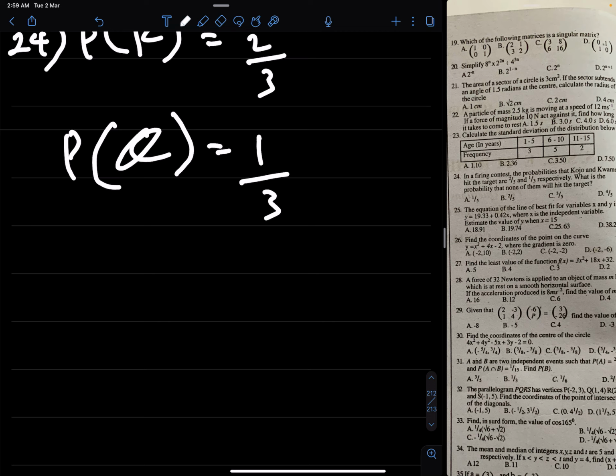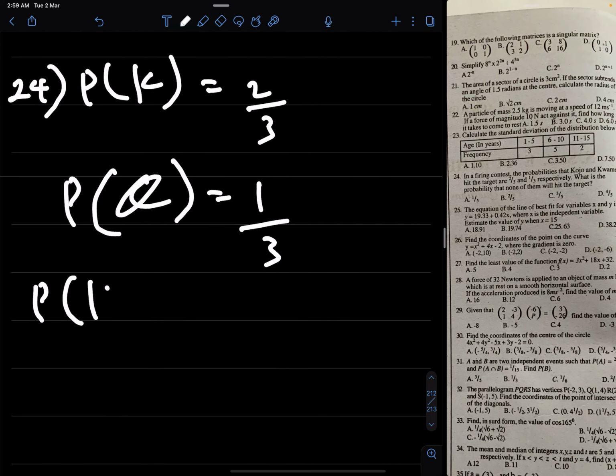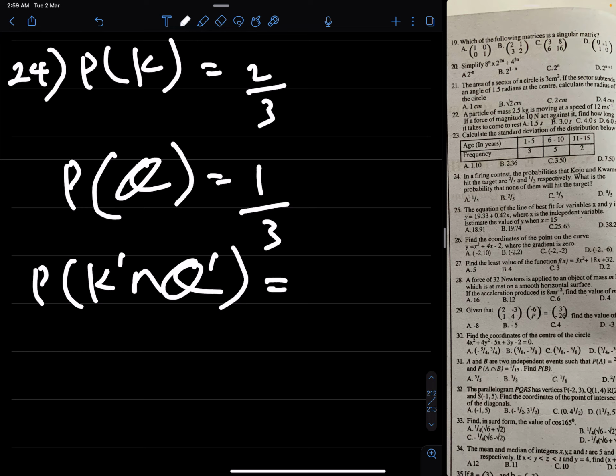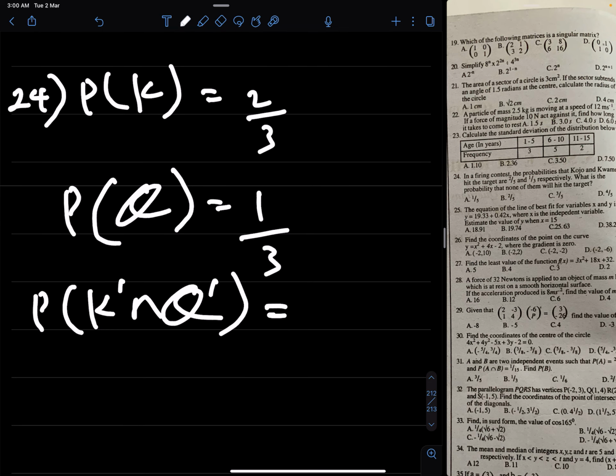What's the probability that none of them hits it? That will be the probability that Kojo didn't hit it, K complement, times the probability that Kwame didn't hit it, the same as P of K complement intersection Q complement. The probability that Kojo didn't hit it is 1 minus the probability that Kojo hit it.